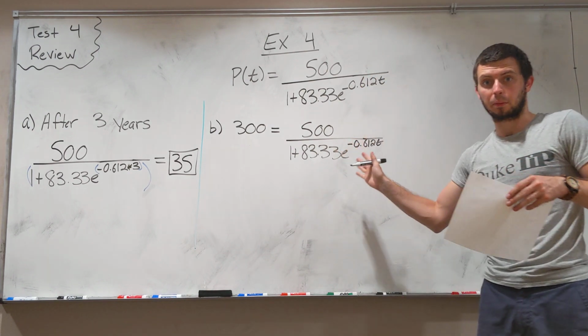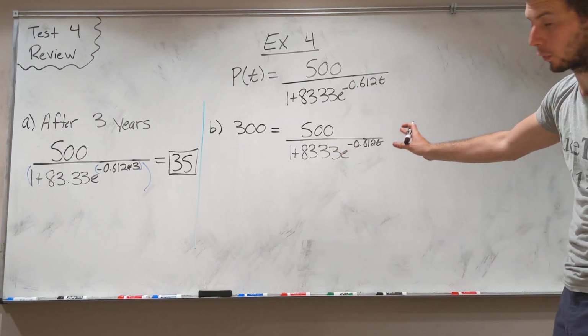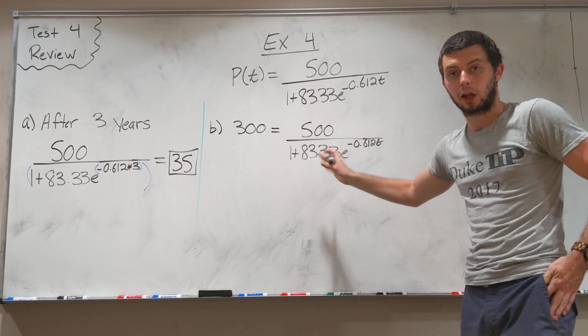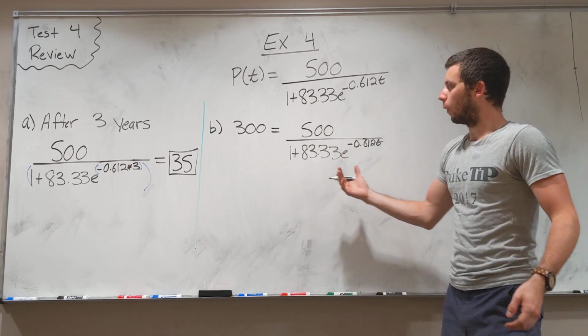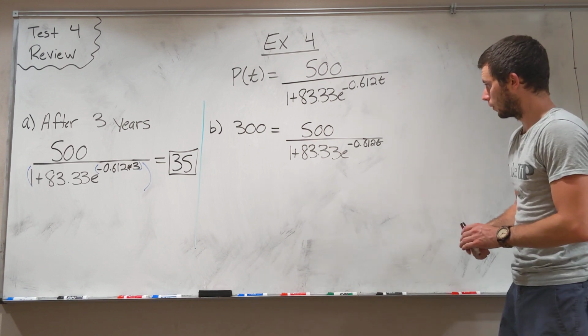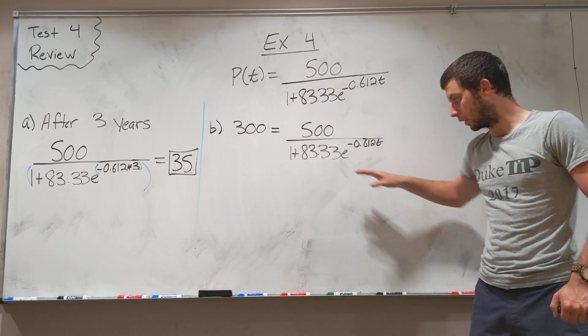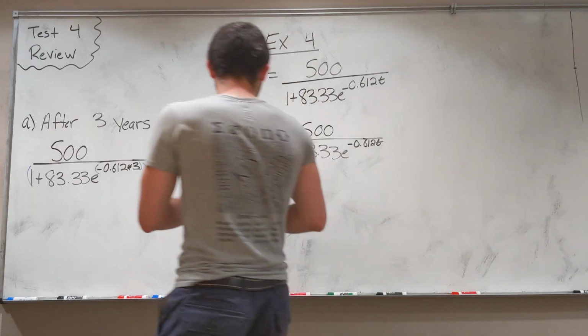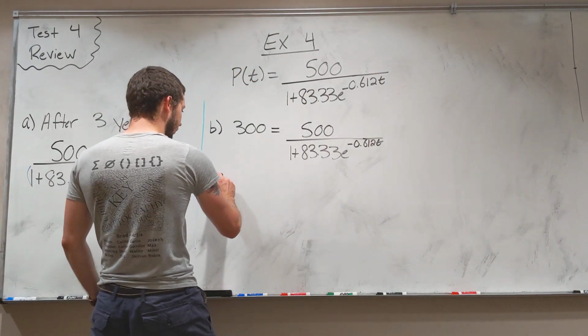This is the one problem I'm telling you, so you do need to be familiar with the process I'm about to highlight here. Now, the first thing you do is clear the denominator. The denominator, I think it's pretty explicit here, so let's go ahead and clear the denominator by multiplying both sides by it.